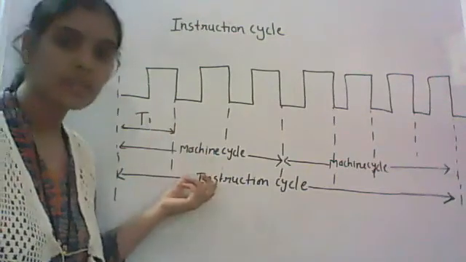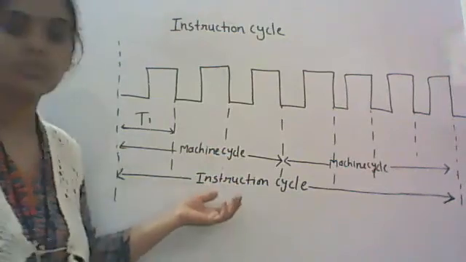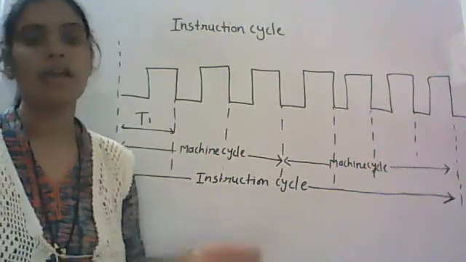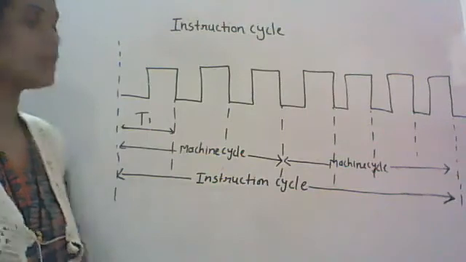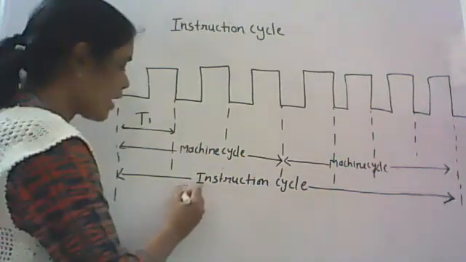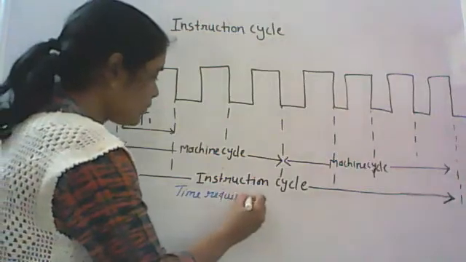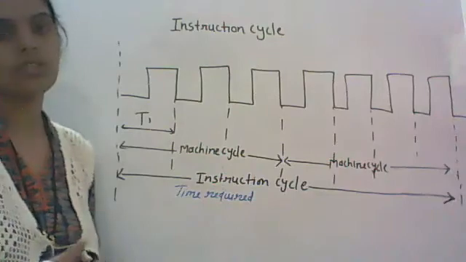The fetching, decoding and execution of a single instruction is the instruction cycle. In a simple way, instruction cycle is defined as the time required to complete execution of an instruction.